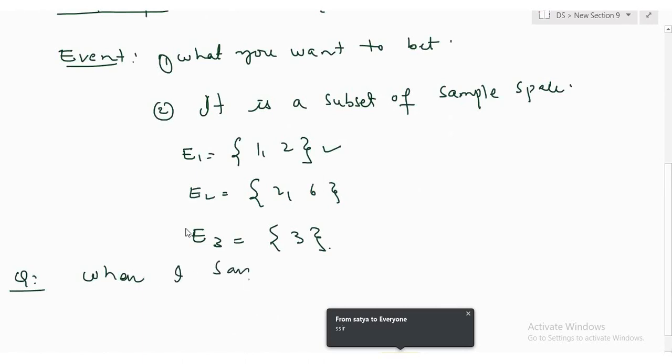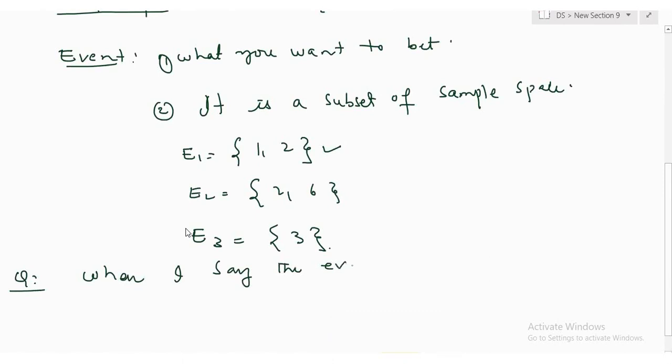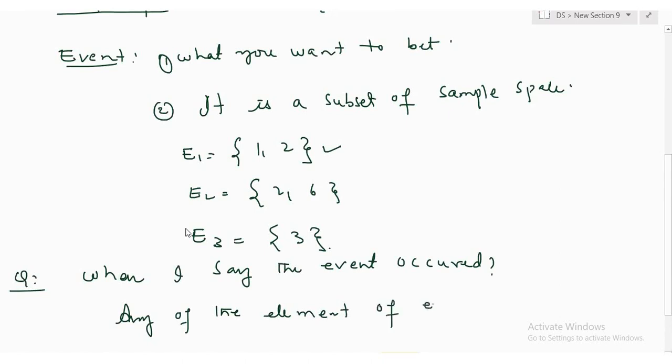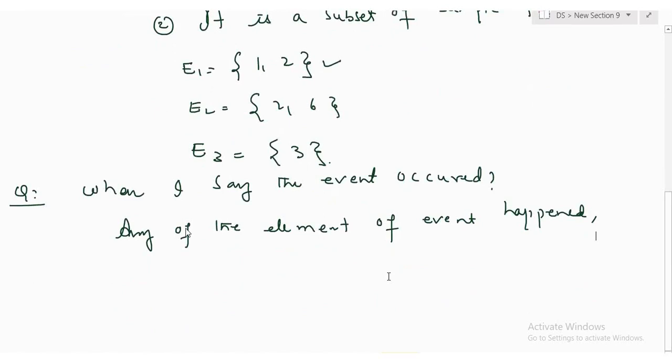When I say the event occurred, any of the elements of the event happened, then I say the event E occurred.